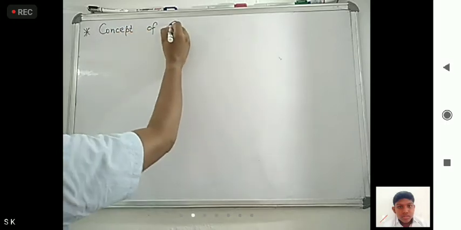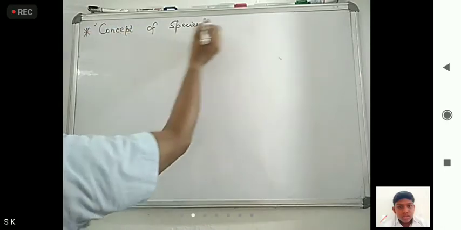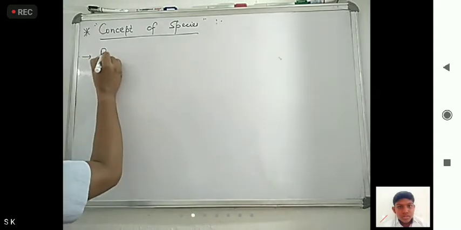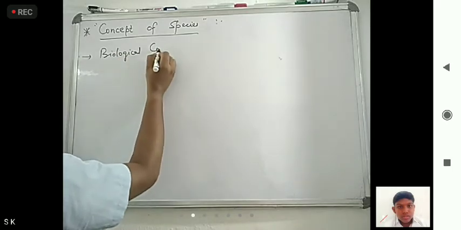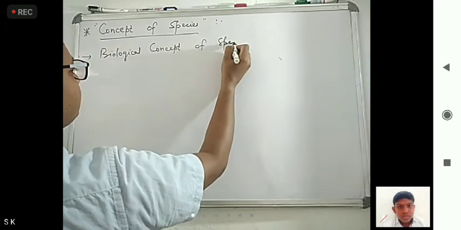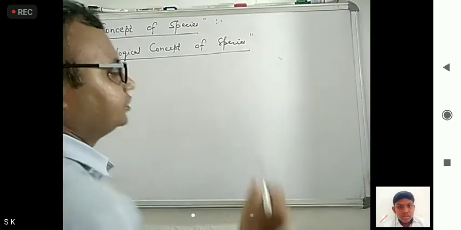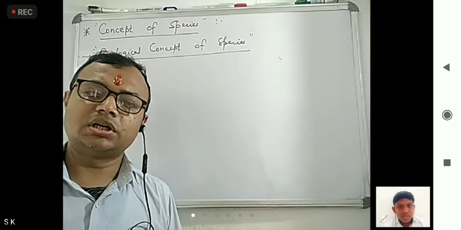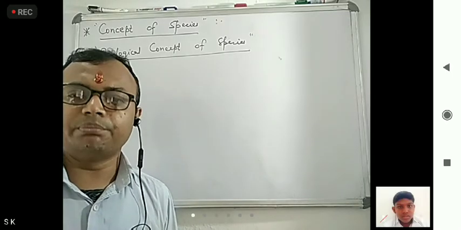This is important because many times I have seen questions regarding that. Now, this concept, the biological concept of a species, was given by the scientist Ernst Mayr.